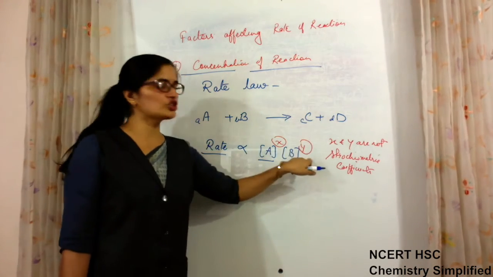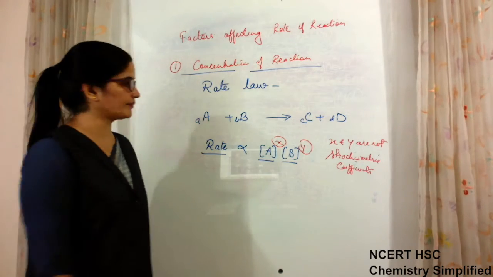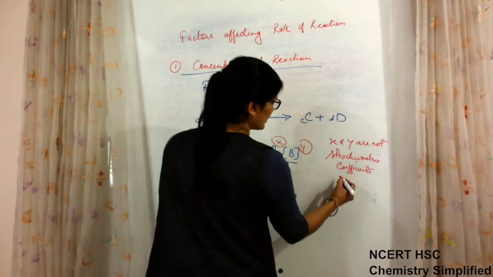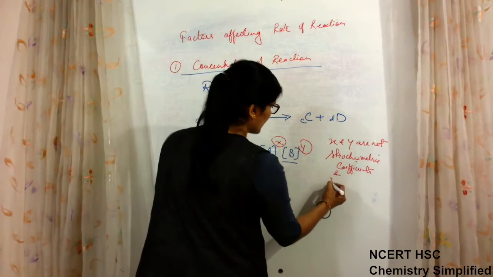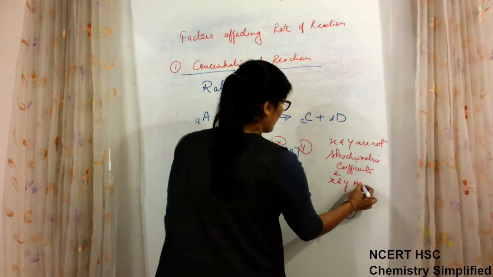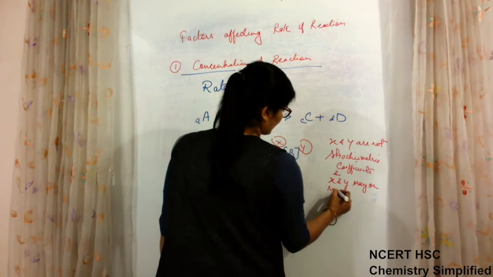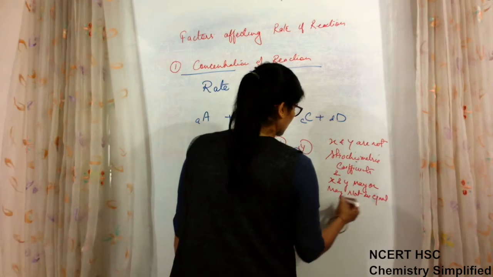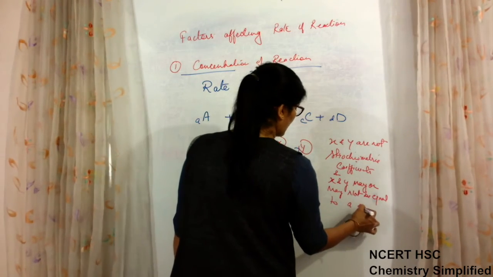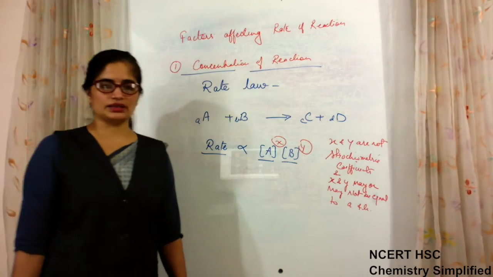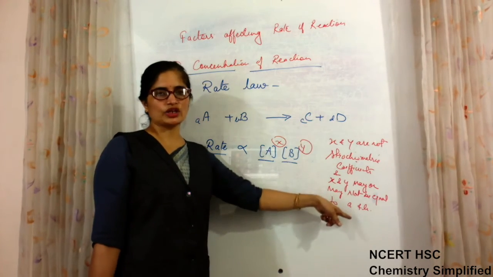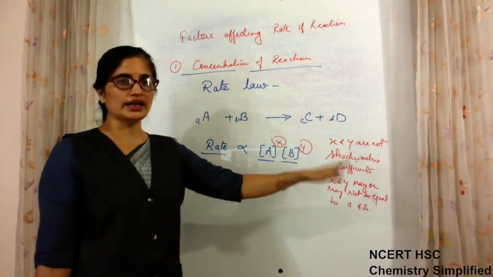Okay, this x and y are not stoichiometric coefficients, and second, x and y may or may not be equal to small a and small b. First thing is, x and y are not stoichiometric coefficients, they are something else.